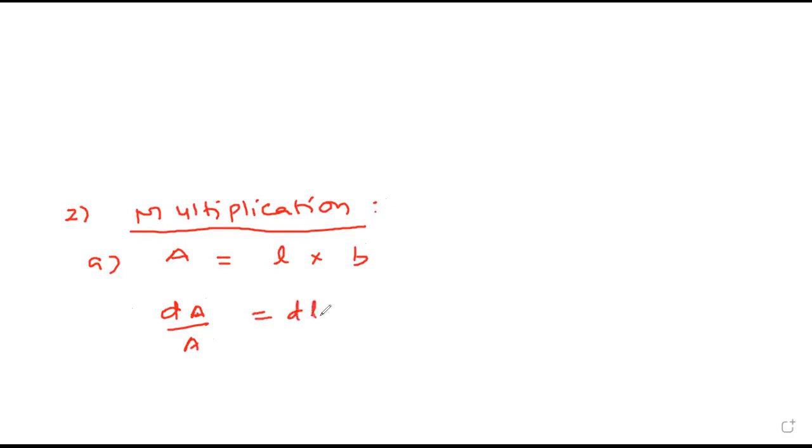All relative errors are added, whether it is multiplication or division. So change in area with respect to area, dA upon A, this is called relative error. Now, if I want to find dA, then using this formula, I can get dA because area I know, length into breadth.